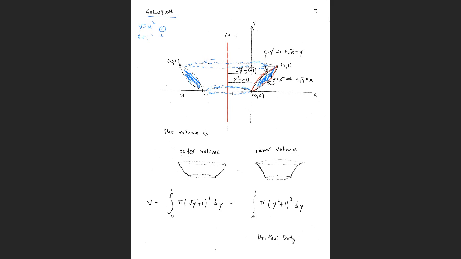That's why I'm going to take this x here and substitute in what x is from the second equation. I'm utilizing the information of both equations at the same time, which I can do because at the points of intersection, both equations are true.